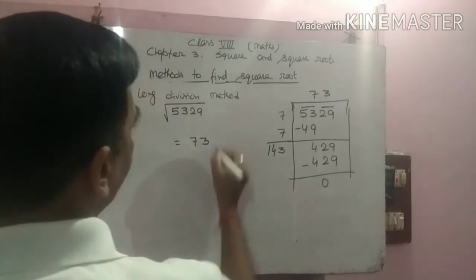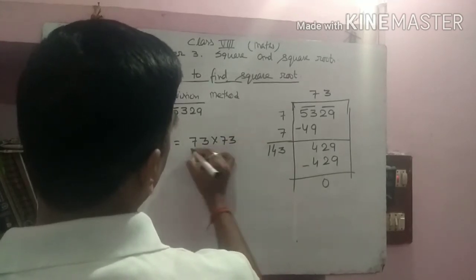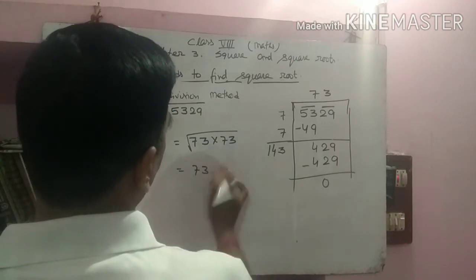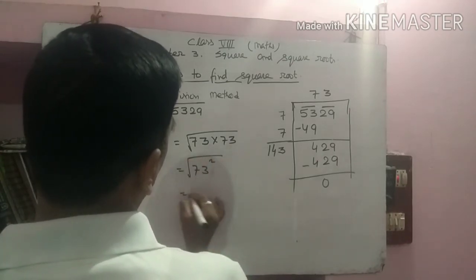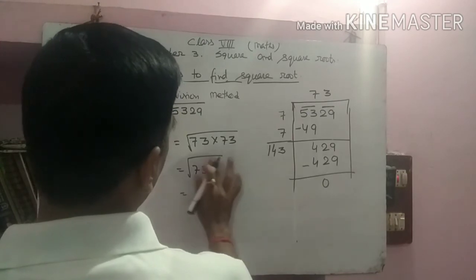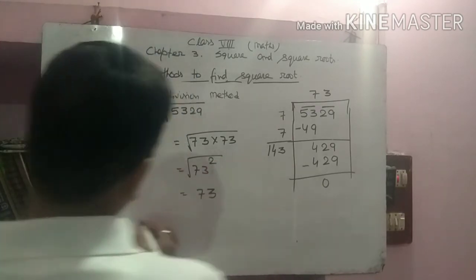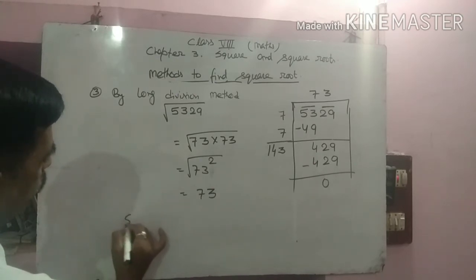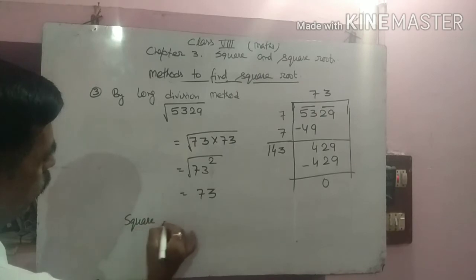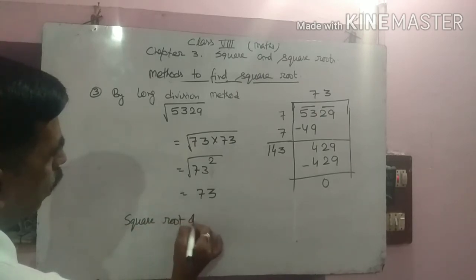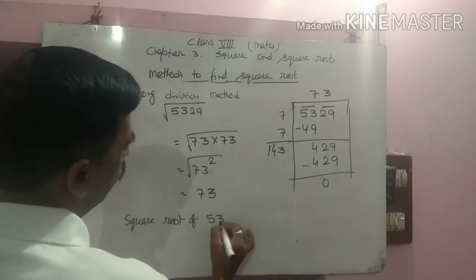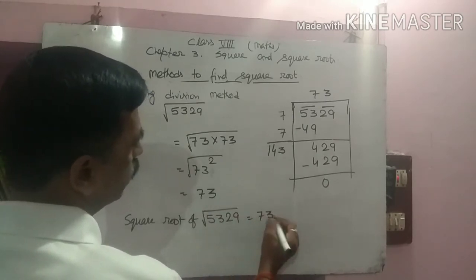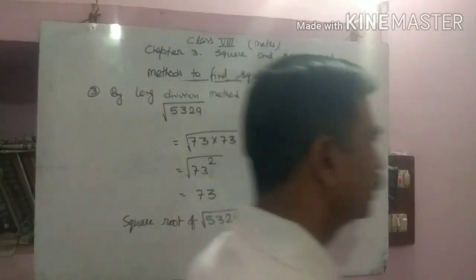It means it is 73 into 73, or 73 to the power 2. So the square root of 5329 is equal to 73. Okay, so write this one also.